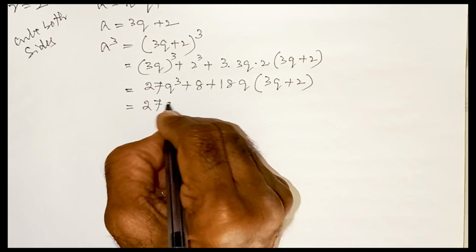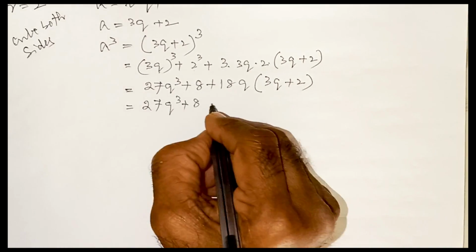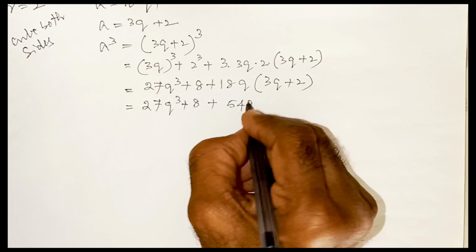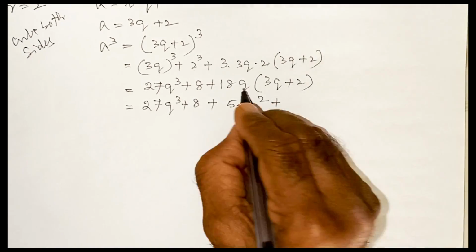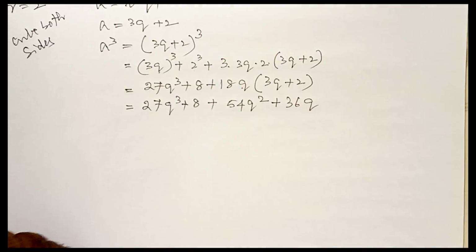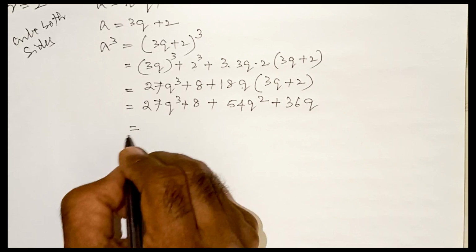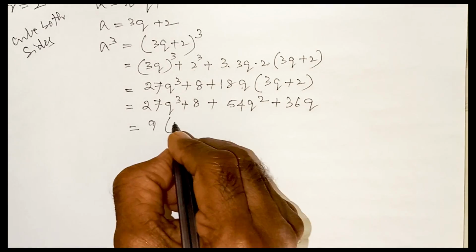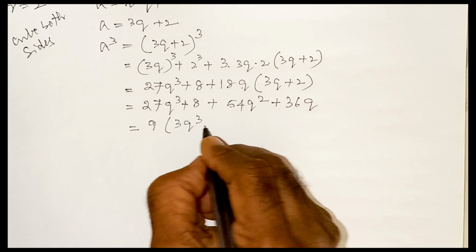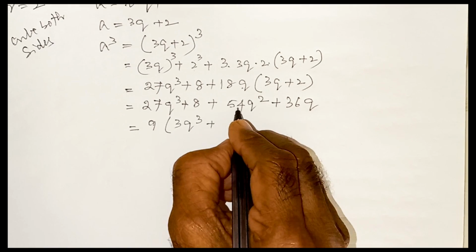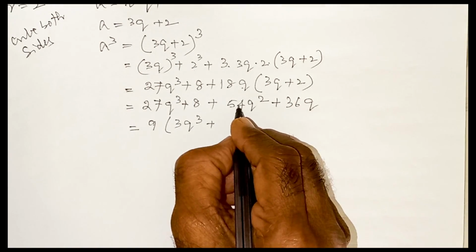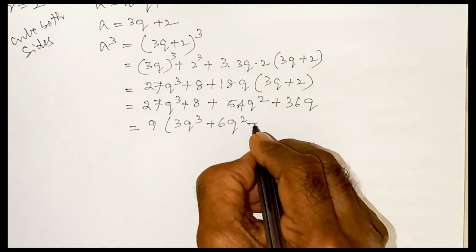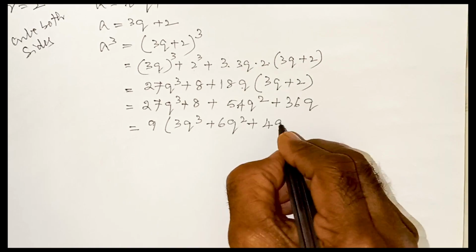Again further, 27Q cube plus 8 plus 18 into 3 is 54 Q square plus 18 into 2 is 36Q. Here what we do, we take out 9 as common factor: 9 times 3Q whole cube plus, for 54 we take out 9, 9 6s are 54 Q square, plus 9 4s are 36, 4Q.